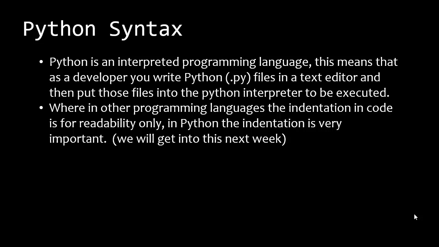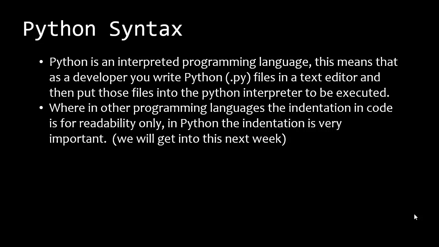Where in other languages the indentation in code is for readability only, in Python the indentation is very important. So you'll notice white spacing. We call it white spacing in programs. In most languages, white spacing means nothing. In Python, it means a lot. However, for this week, it's not going to mean anything because we're not going to really get into indentions and so on.